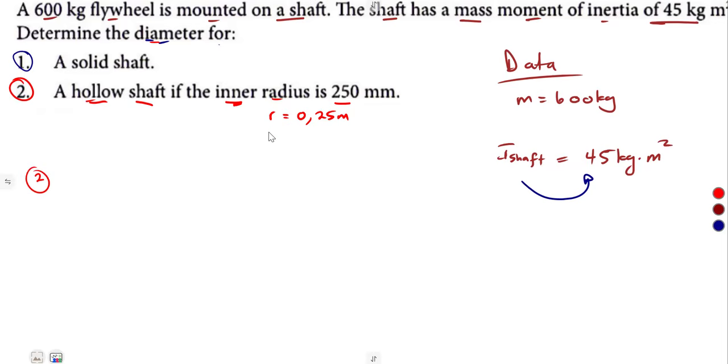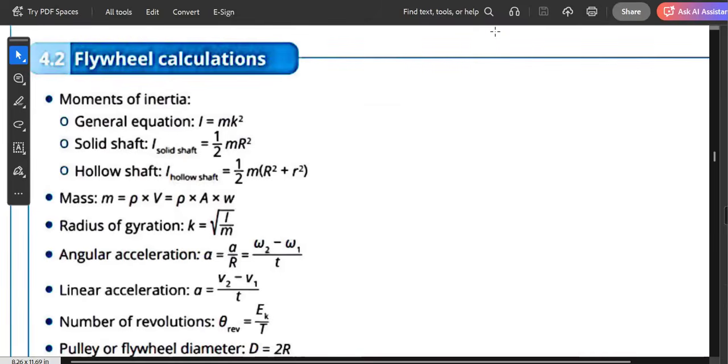Remember, a hollow section has two radii, the inner radius and the outer radius. So they want us to determine the diameter from the outer radius, since we are not given that outer radius. So that's how you're going to treat the question now.